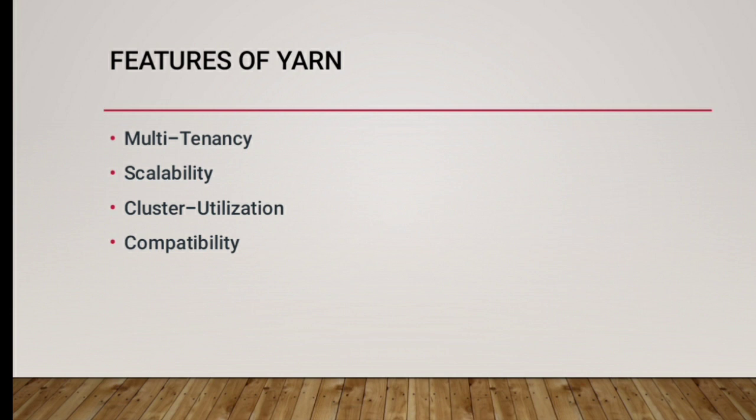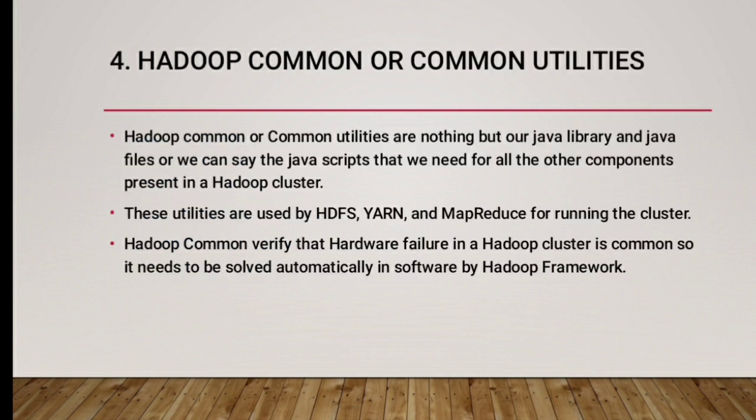The following are the features of YARN, Yet Another Resource Negotiator: multi-tenancy, scalability, cluster utilization, and compatibility. The fourth component of the Hadoop architecture is Hadoop Common or Common Utilities.